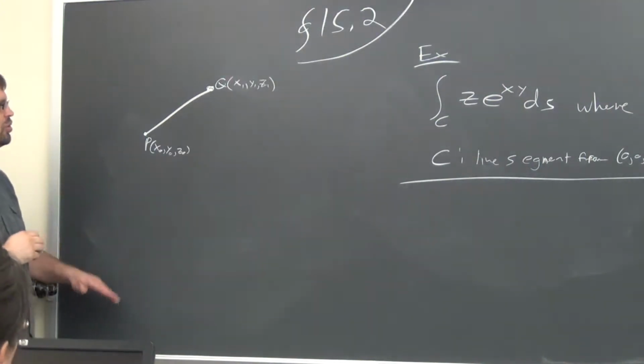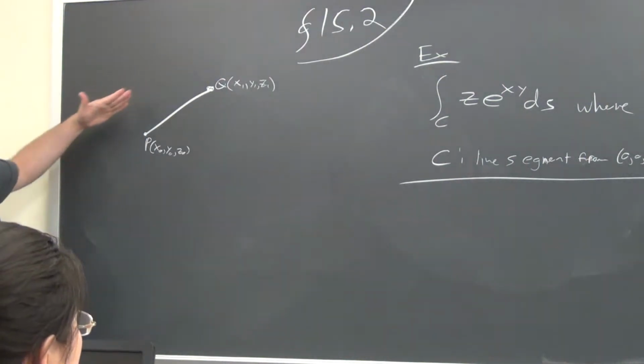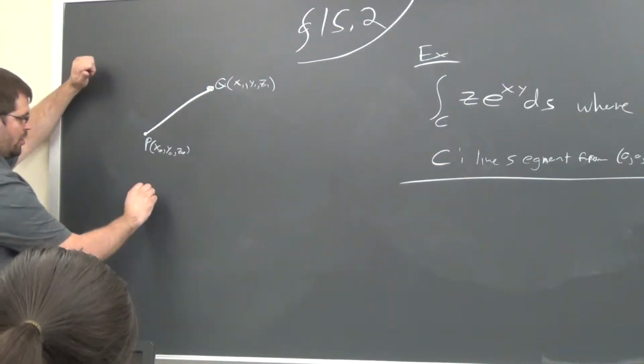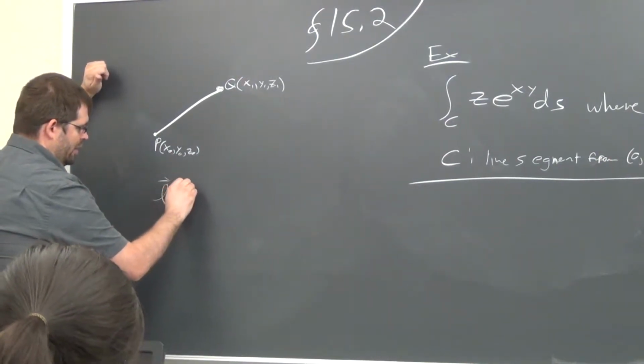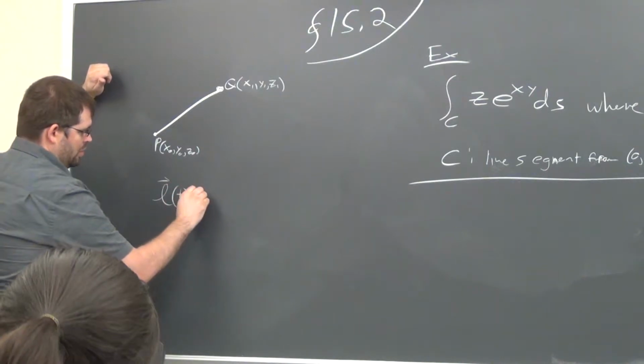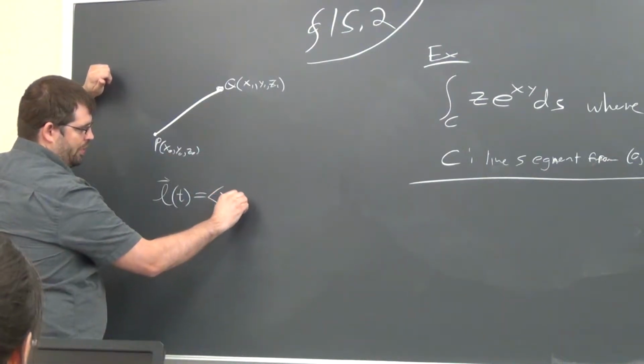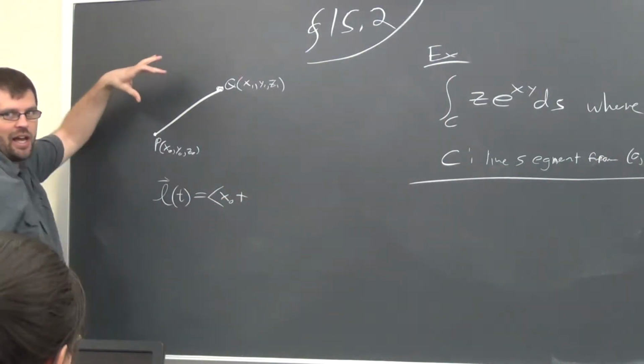Okay, so we came up with the equation for a line before, between 2 points, and what was the equation of the line? You went, your starting point, x naught plus at, and what was a?